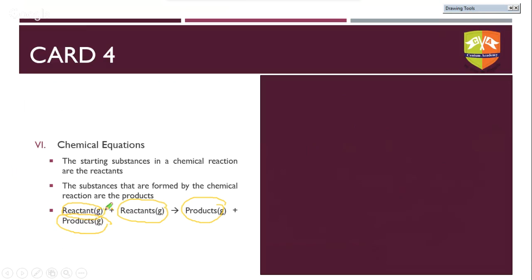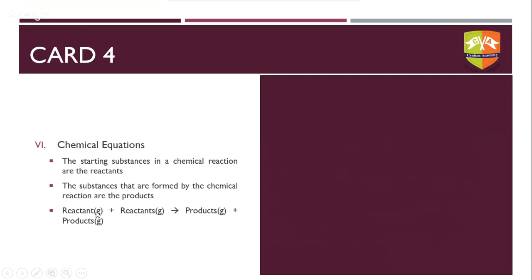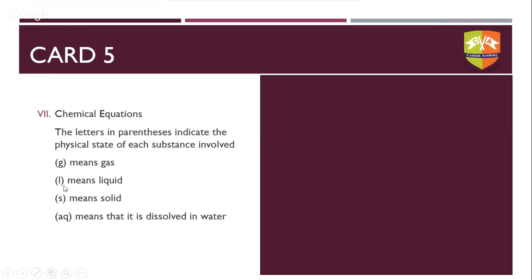So the reaction can give any number of products, or it can use any number of reactants to give the final outcome. Now let's look at the parentheses that we noted here with G, or you might have other symbols, for example L, S, AQ. All of these represent the physical state.